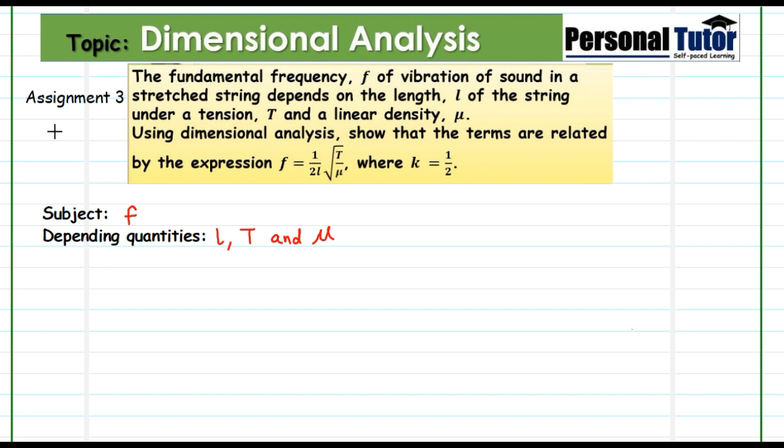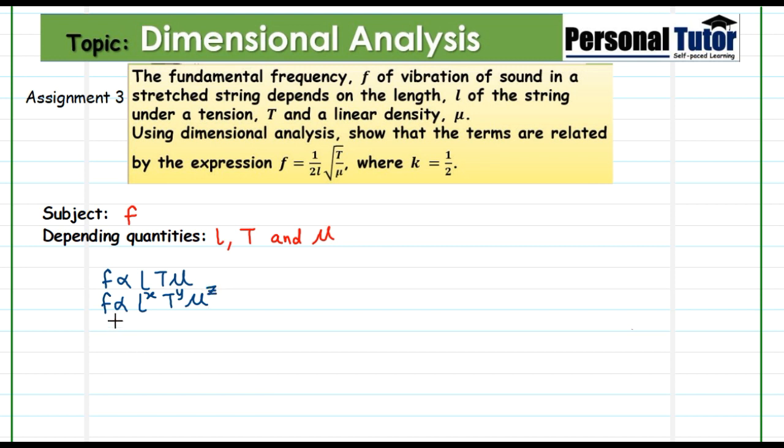We then build a relation between the quantities as F depends on the product of L, T, and mu. We then raise the dependent quantities to some powers. F is related to L exponent S, T exponent Y, mu exponent Z.